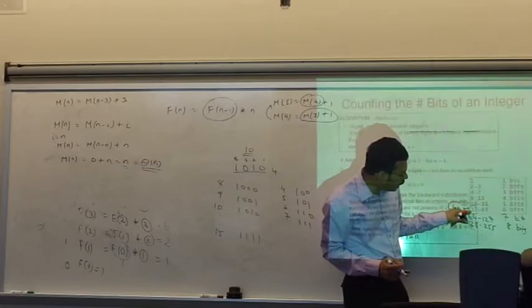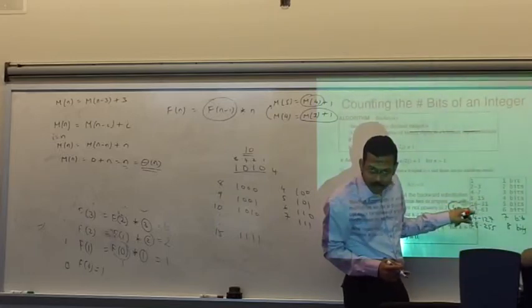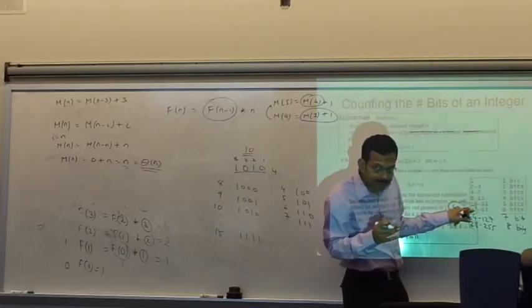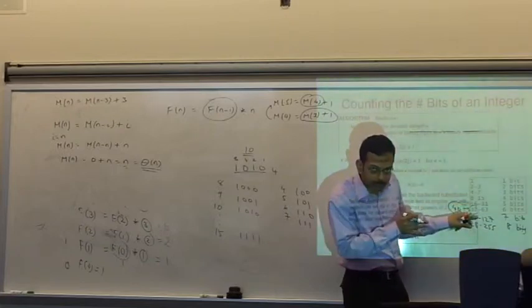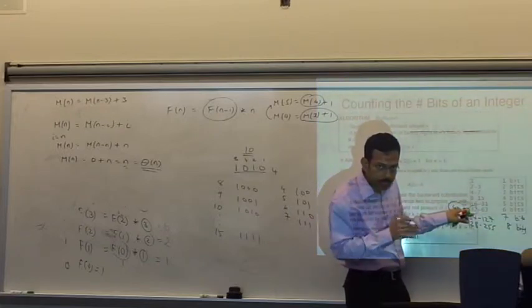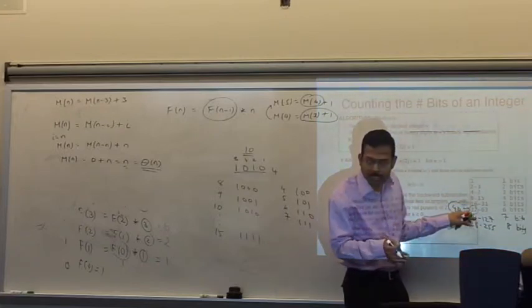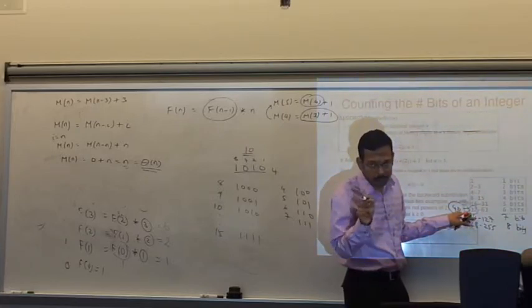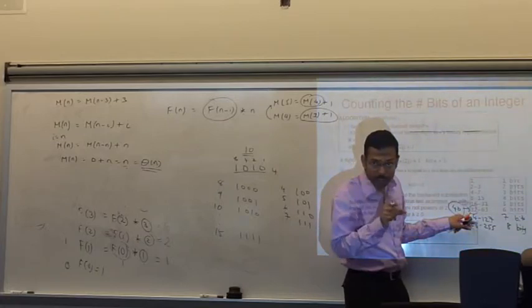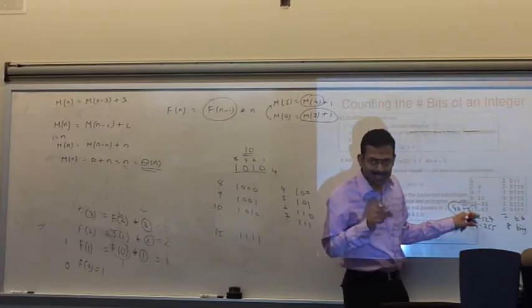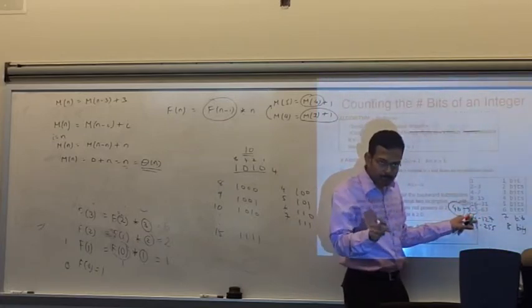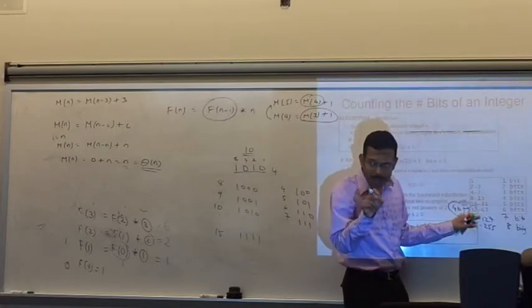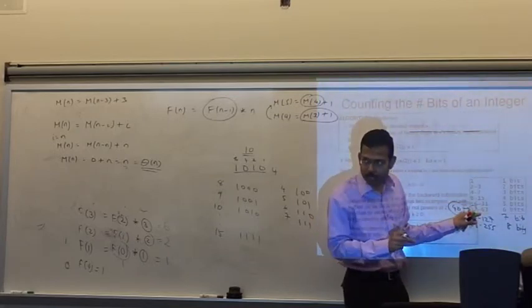Half of 32 is 16, right? Half of 33 is 16.5, but if you truncate the fractional part, it's also 16. Then 34, half of it is 17. 35, half of it is 17.5, but still it is 17. So on you can go up to 62 and 63. 62, half of it is 31. 63, half of that is 31.